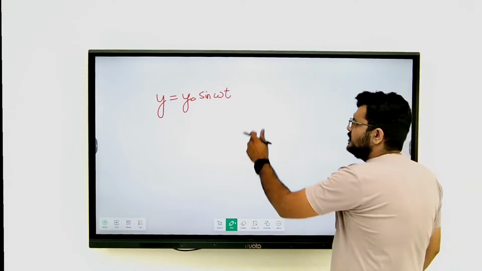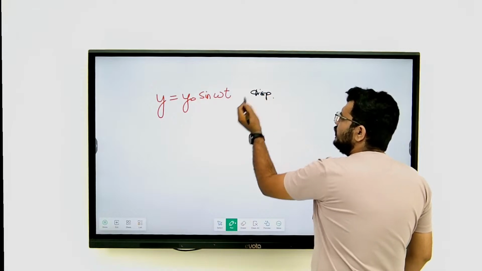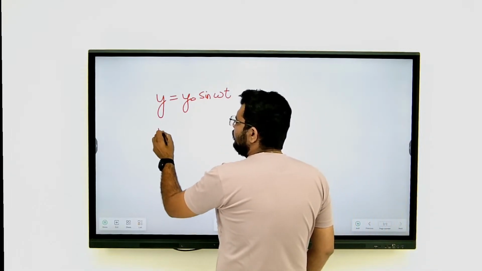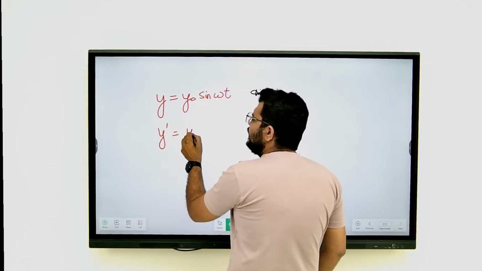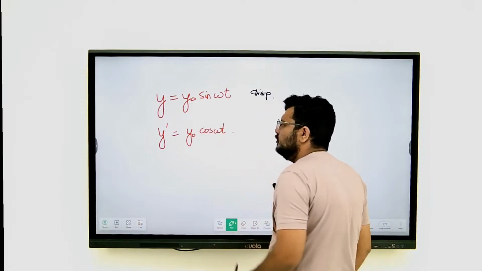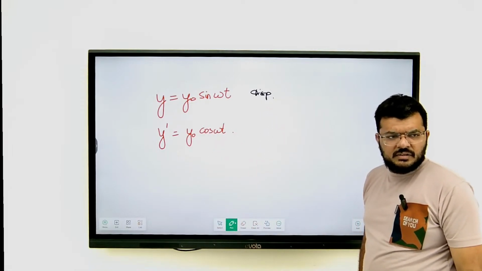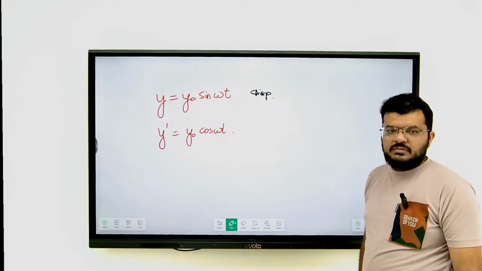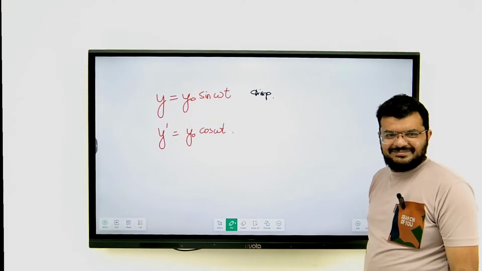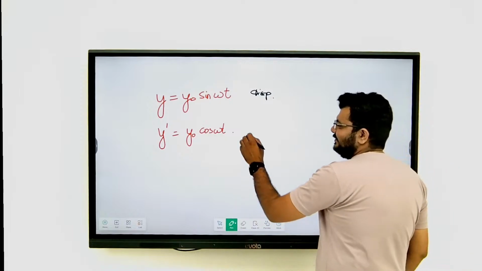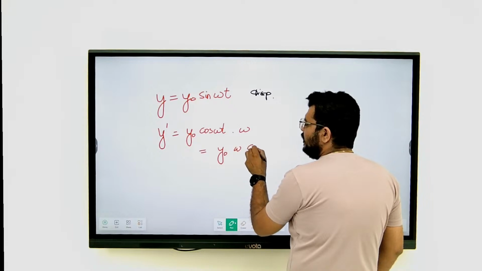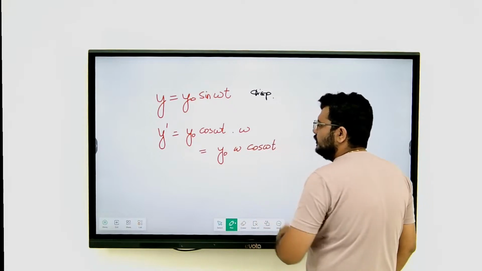And if this is displacement, in terms of wave, you should have that y dash is equal to y0 cos omega t into omega. So this can be written y0 omega cos omega t, right?